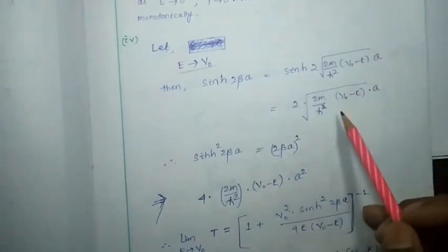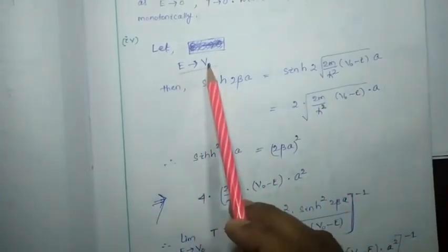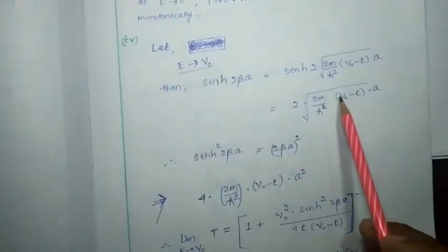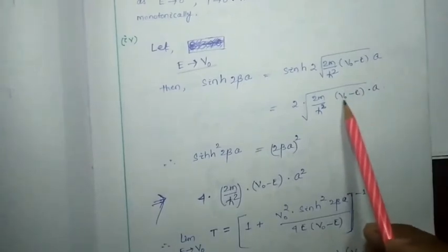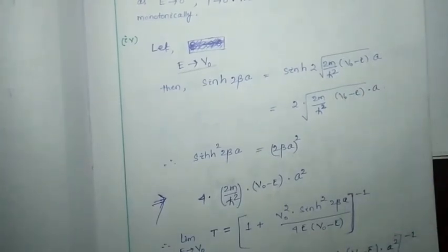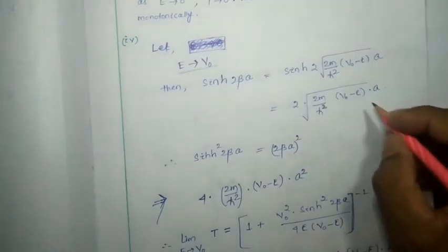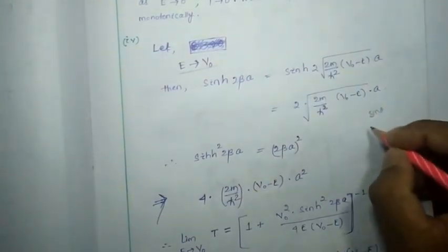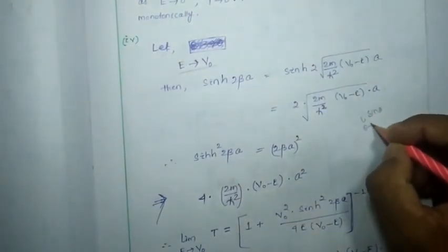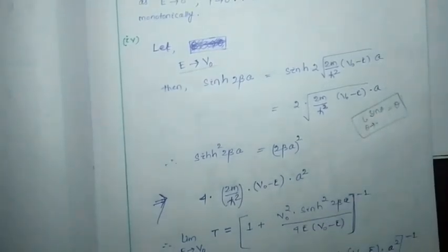So if E tends to V0, then this value is going to be 0. This value is going to be minimum. So we know that sin θ, when θ tends to 0, is θ. That we know.